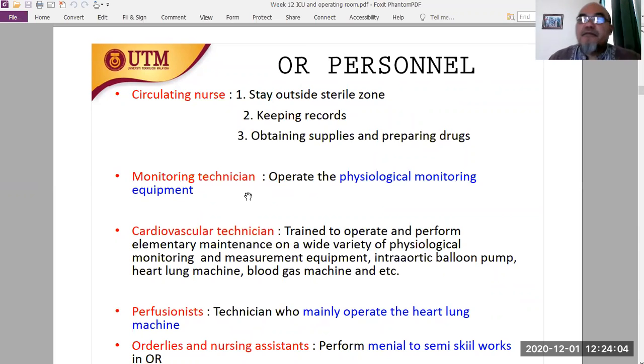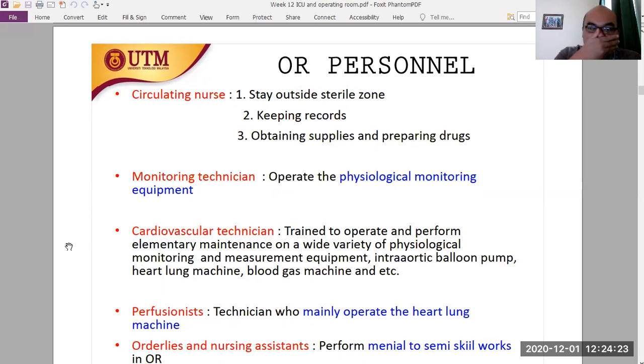from diploma graduates. Then cardiovascular technicians, who are trained to operate and perform elementary maintenance on a wide variety of physiological monitoring and measurement equipment, like the intra-aortic balloon pump and the heart-lung machines.